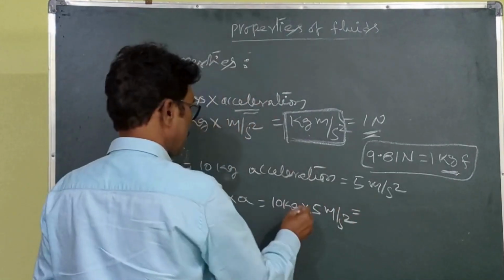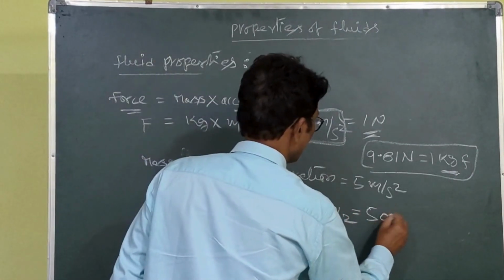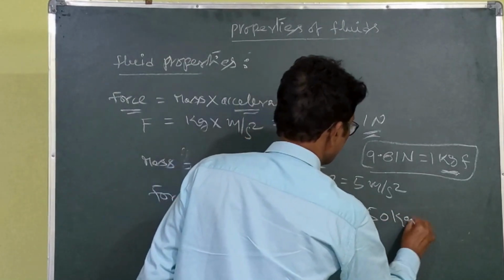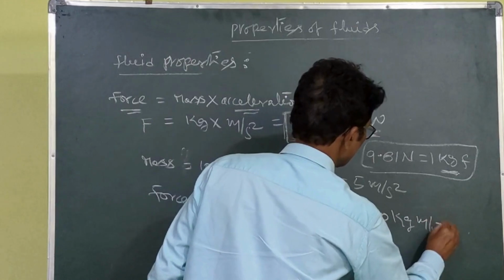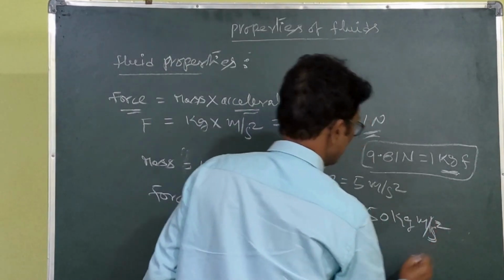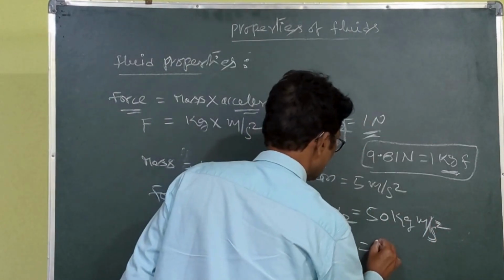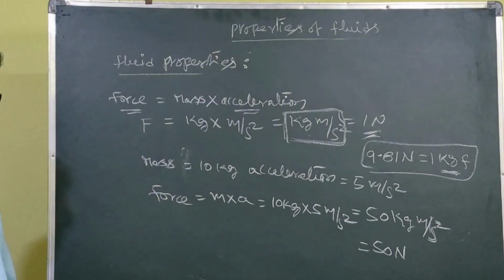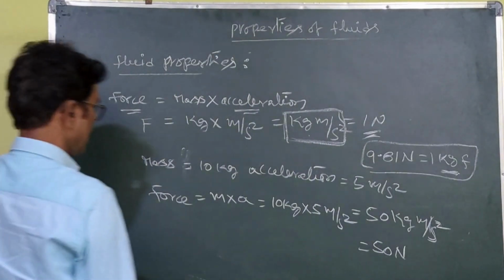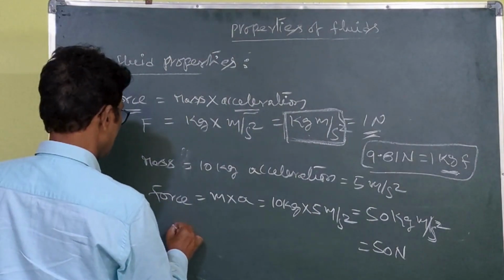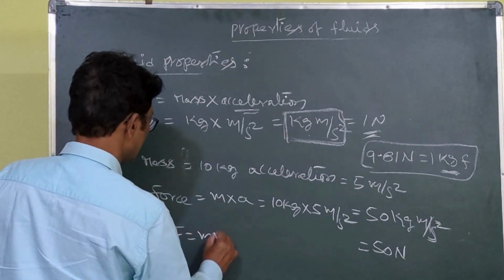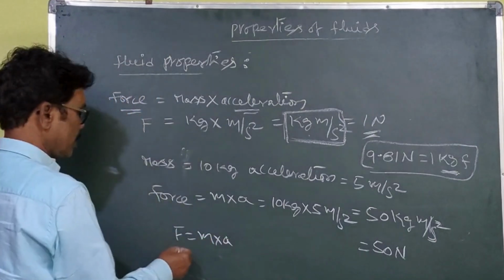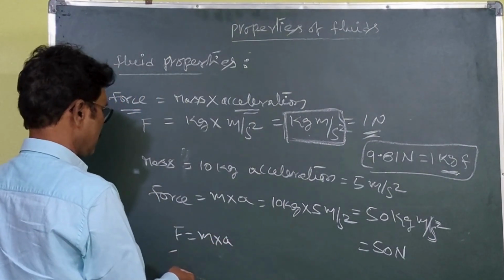So this is equal to 50 kg meter per second square, otherwise this is equal to 50 newtons. So here there are three terms. F is equal to m into a, force equal to mass into acceleration.